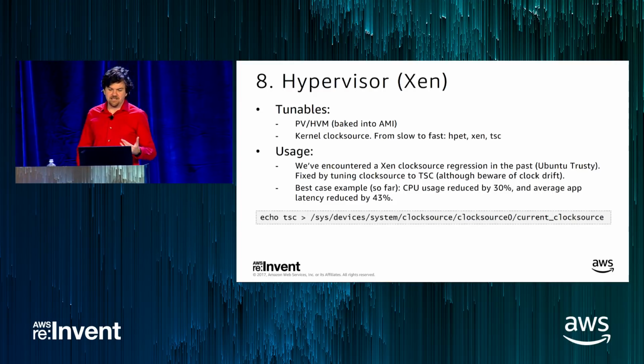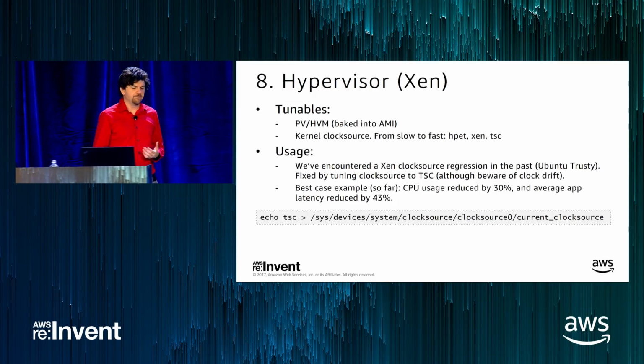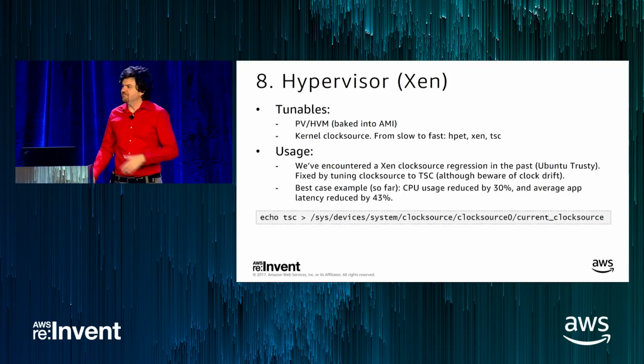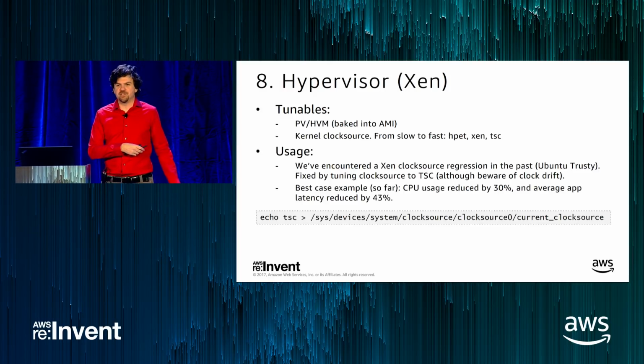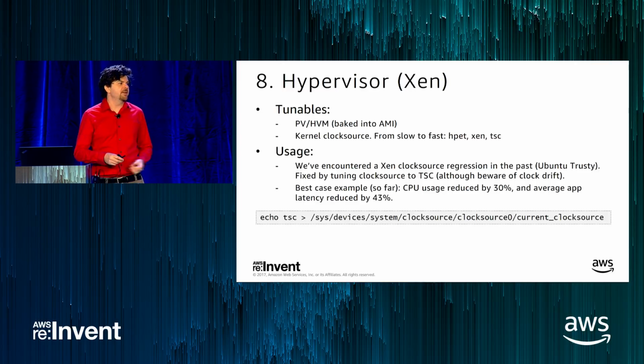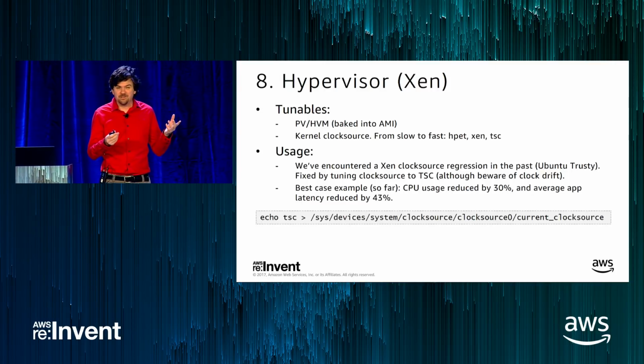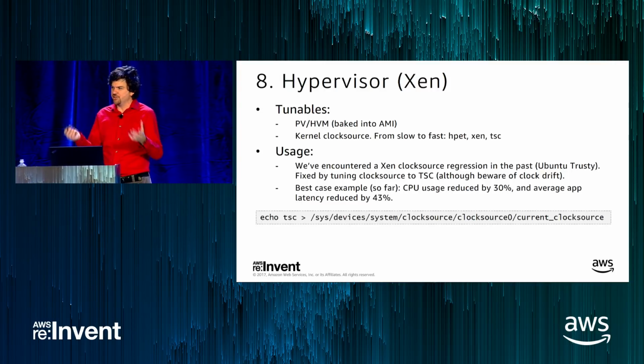And so that's TSC, and you can set that up. Why wouldn't that be the default? In the distant past, processors couldn't guarantee that TSC monotonically increased across all cores, and so there could be clock skew and the clock could go backwards sometimes. There were various concerns about TSC.